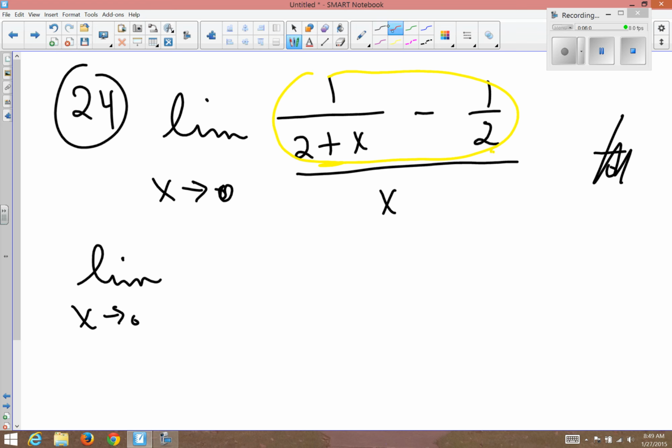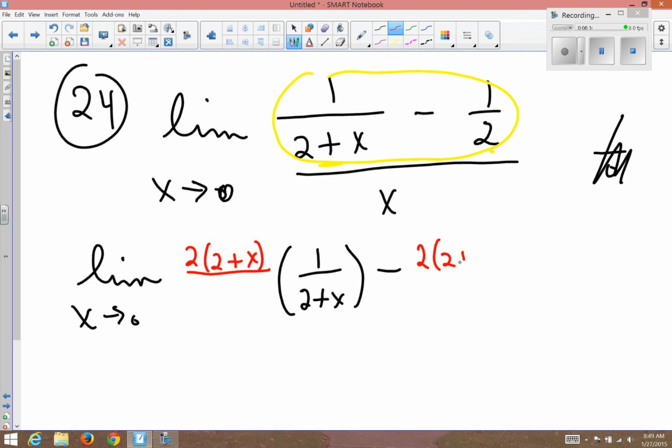So this is what I'm going to do. I'm going to say 2 times 2 plus x times this fraction 1 over 2 plus x, minus 2 times 2 plus x times this fraction 1/2.